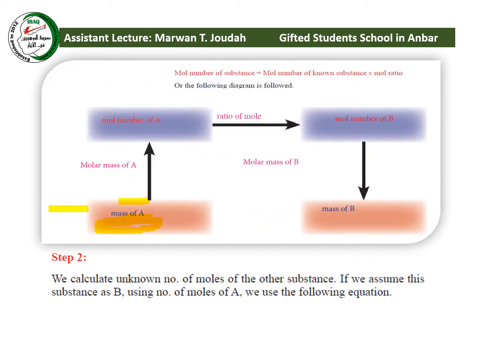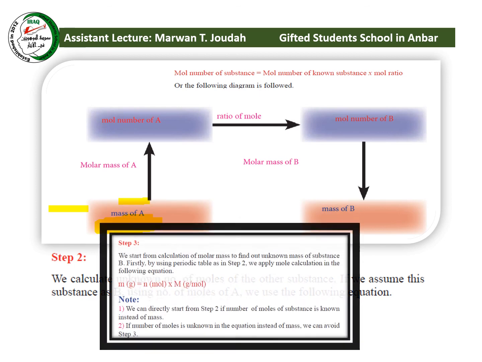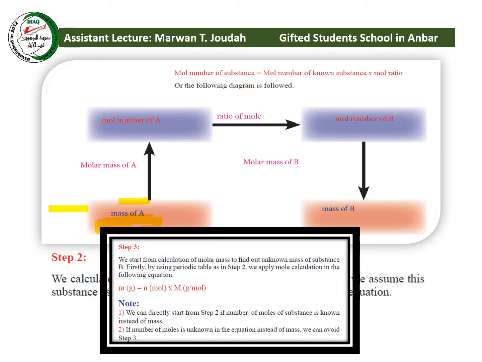The number of moles of A gives us the number of moles of B. The mass of A gives us how many moles of A, and for B it gives us the mass of B. This is the same law that we already had in the previous slide: n equals m over M, the mass over the molar mass.